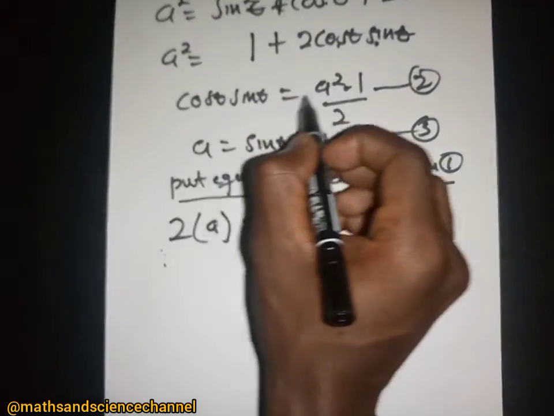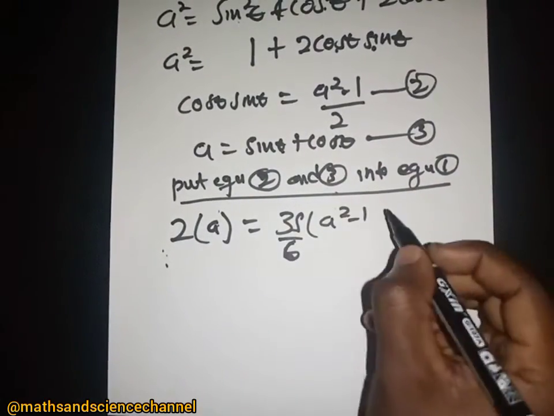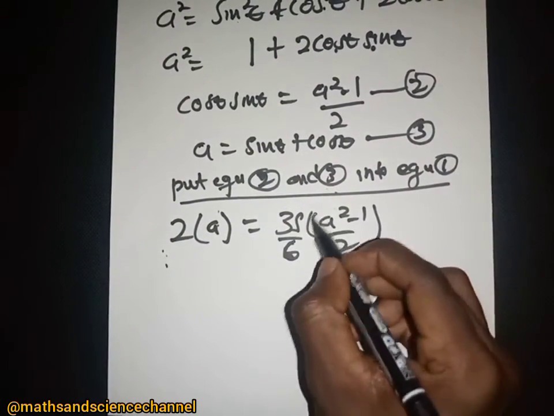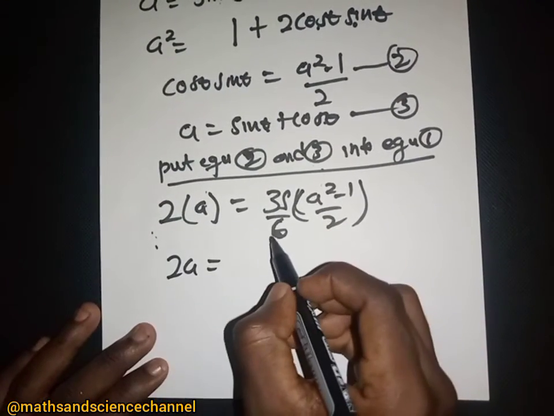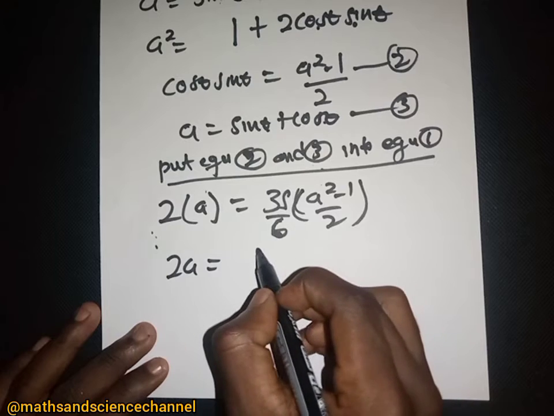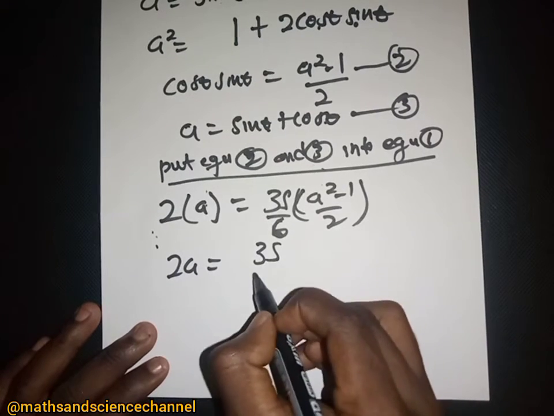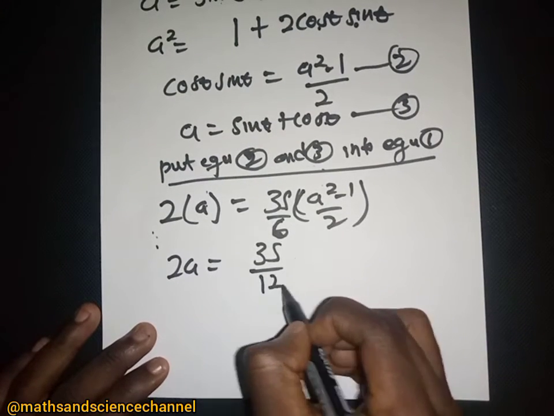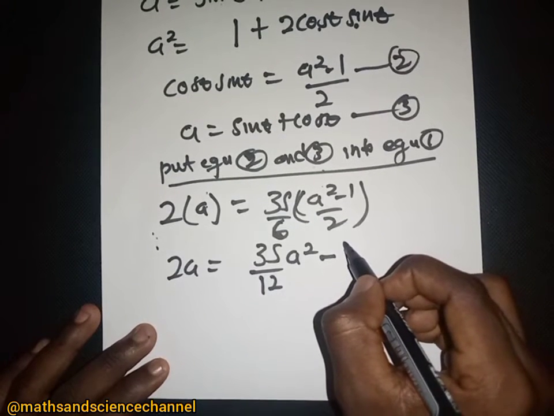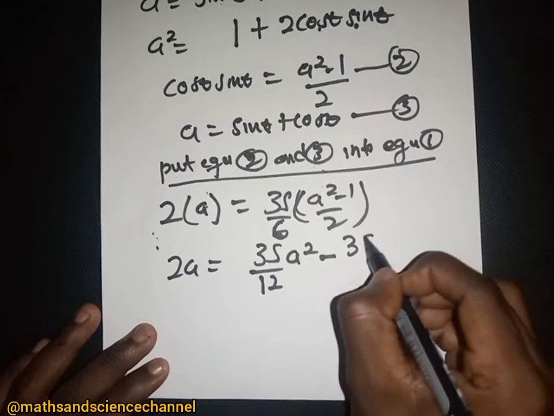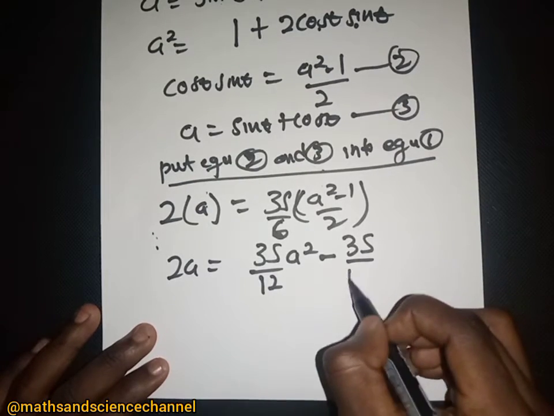The product we had to be a squared minus 1 divided by 2, right? So let's do this. We have 2a being equal to 35 over 12 a squared, minus 35 over 12, right?